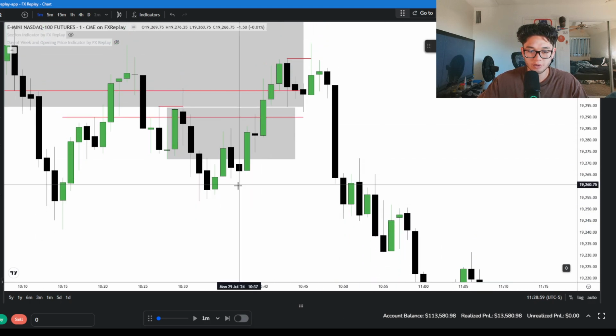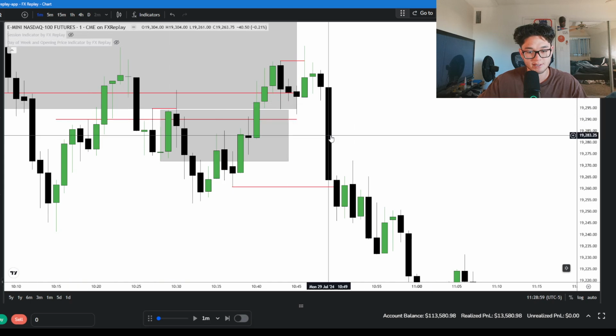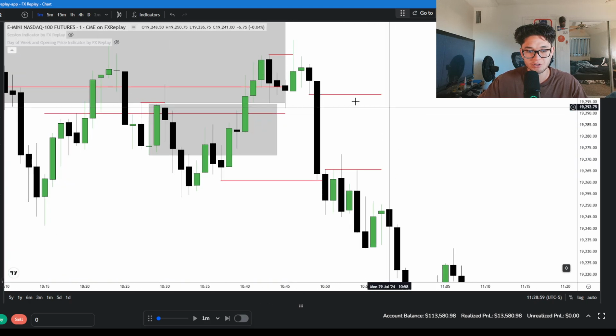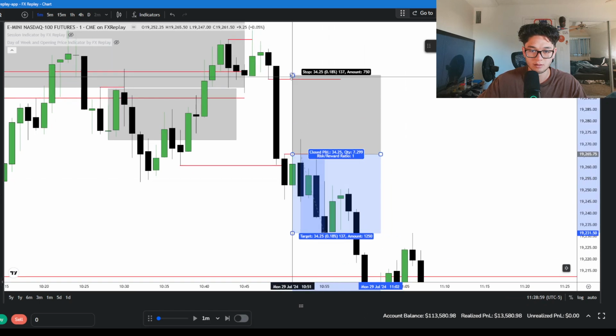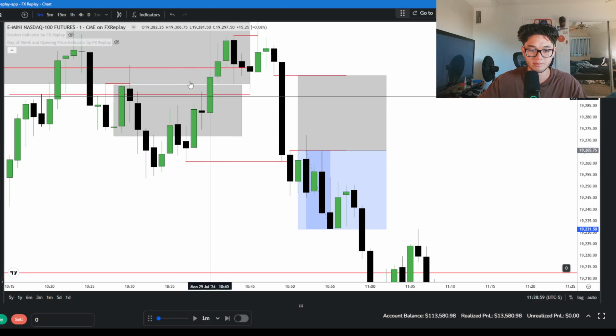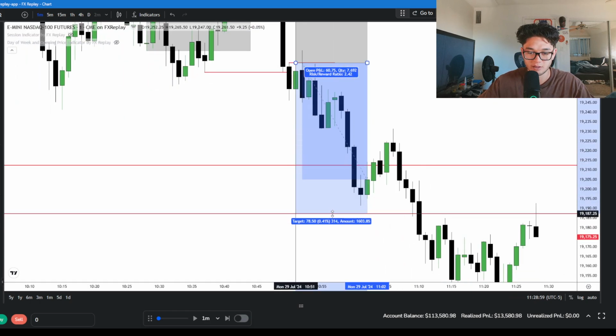We get closure through this breaker block. I see that. I then put an entry on this fair value gap here. Stop loss above the fair value gap, also this breaker and these inverse fair value gaps. And I target my targets.